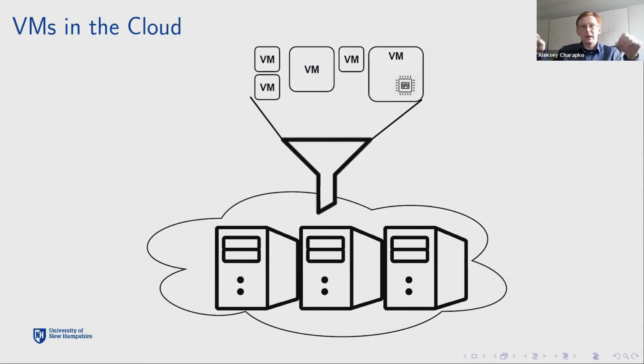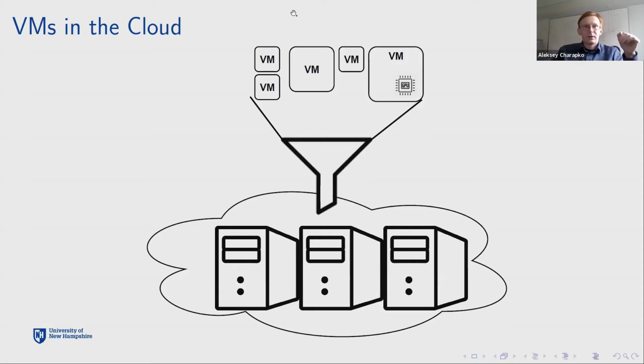Press a button, and this virtual machine magically appears. The operating system is running, and you can start doing whatever you want to do with this virtual machine. But of course, underneath, it's not as simple as it just magically appearing.